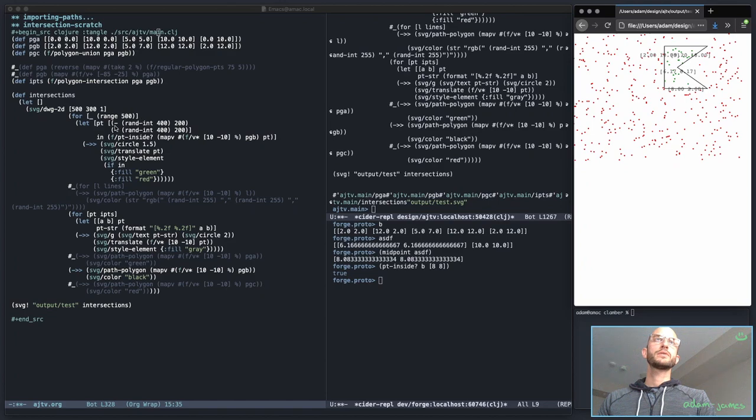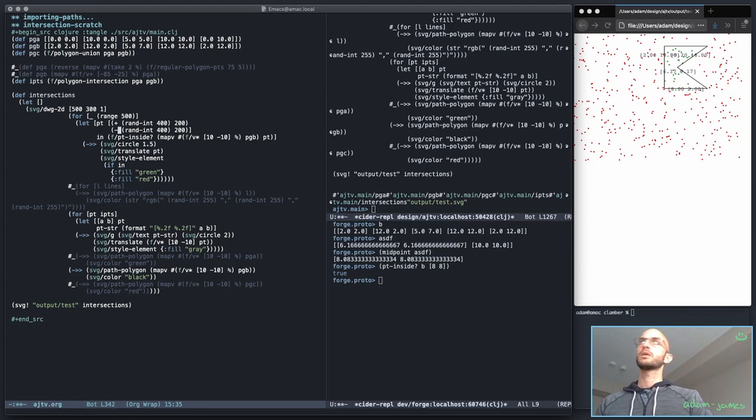Okay, let's narrow down the X range it can be in. Let's just do plus instead here, and may as well do plus on both of those. Am I thinking about this right?